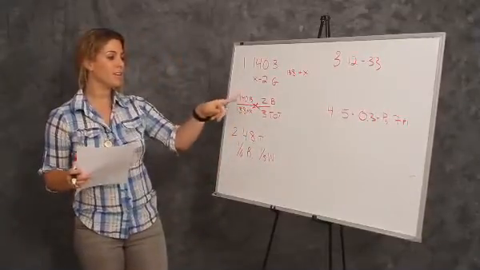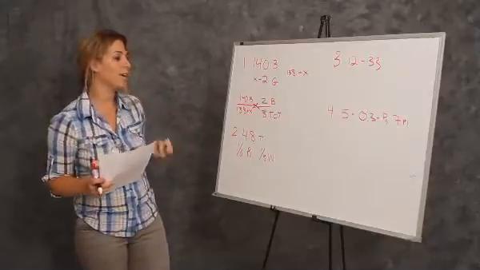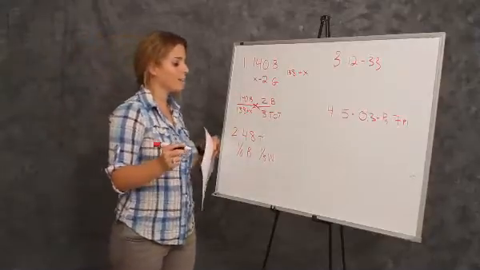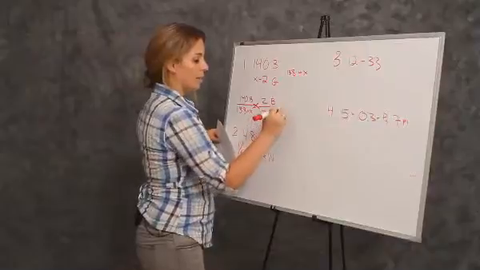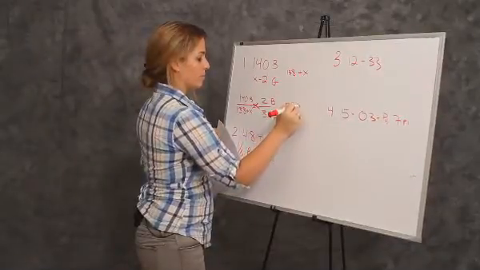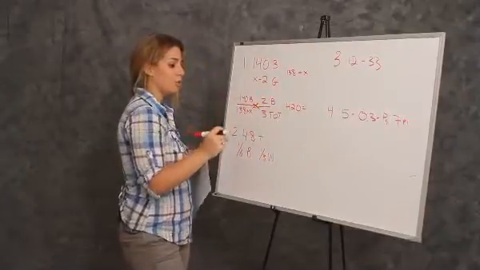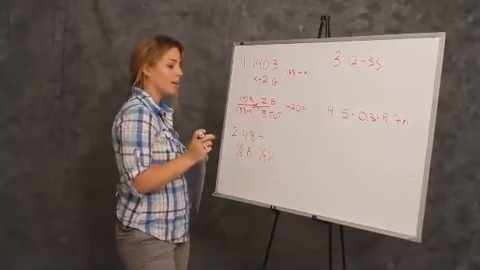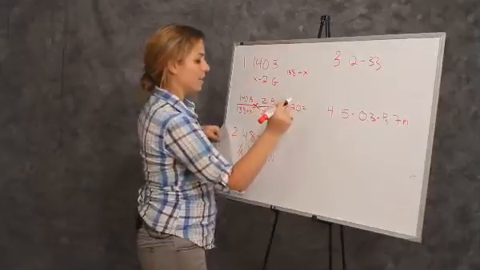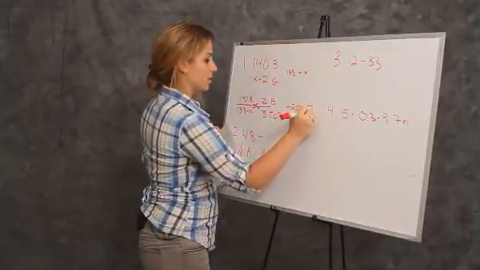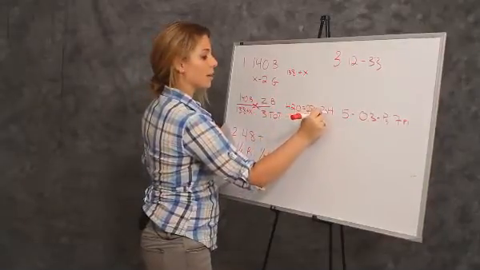So first thing, if we multiply 140 by 3, we end up with 420. And if we multiply 138 plus X times 2, we end up with 276 plus 2X.